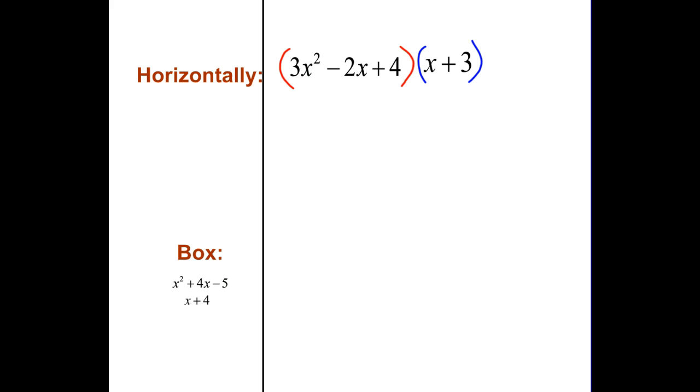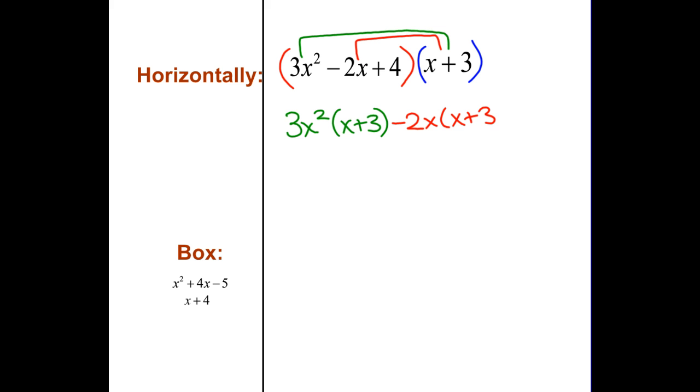So what I'm going to do is I'm going to take this 3x squared and I'm going to put it outside of that. So I'm going to put it 3x squared times x plus 3. Then I'm going to take that second piece of the polynomial, and I'm going to multiply that by the whole x plus 3. Then I'm going to take my last piece here, the 4, and I'm going to multiply it by the whole thing.